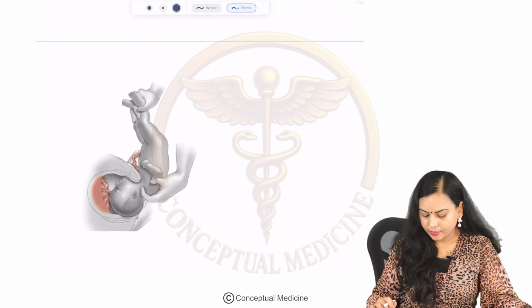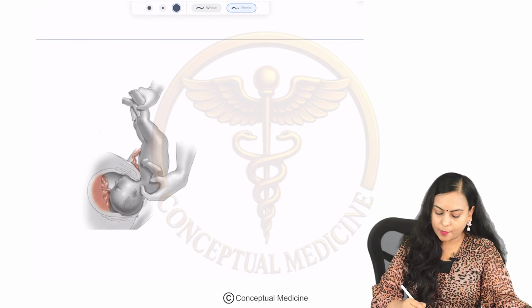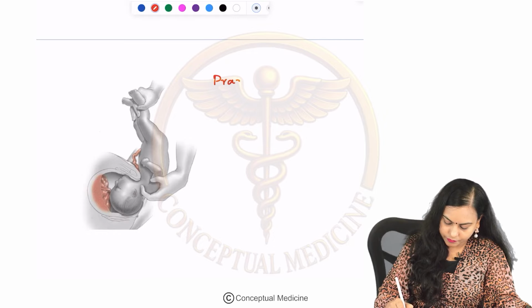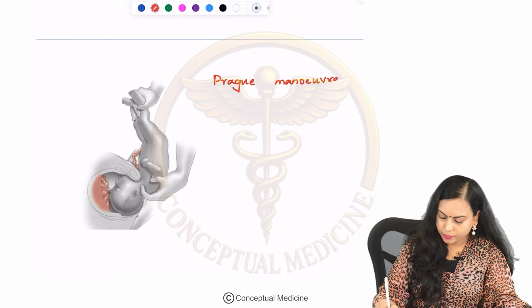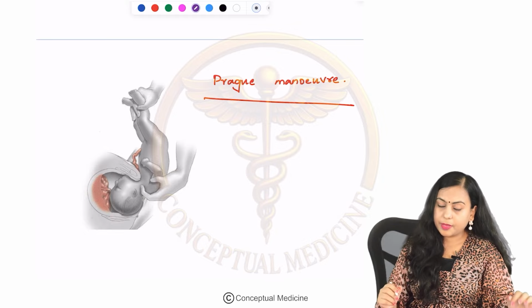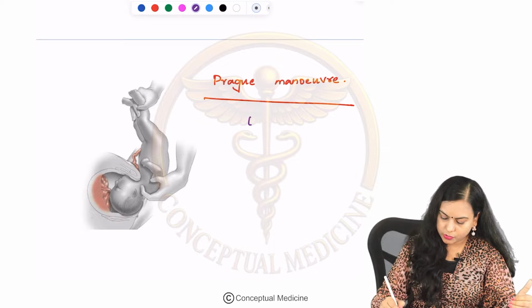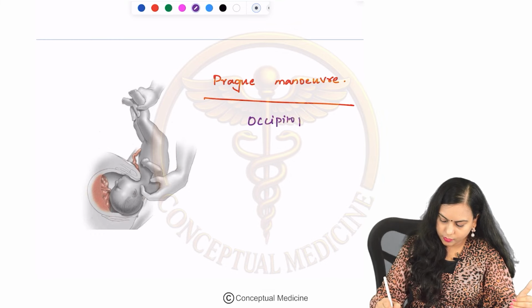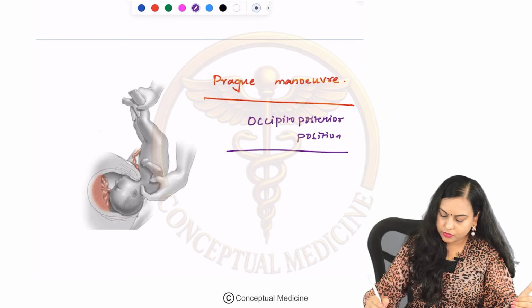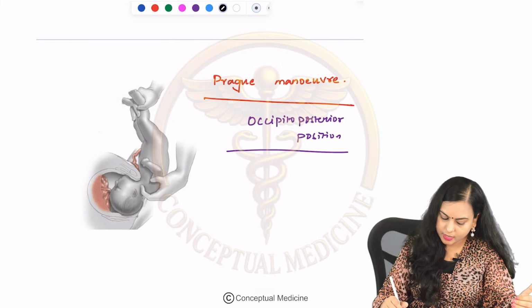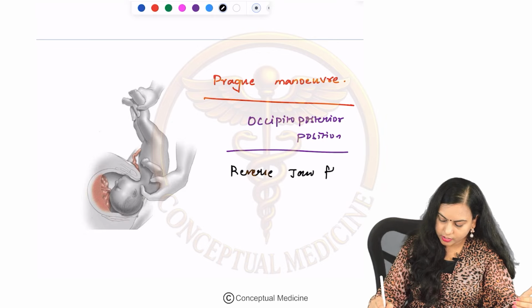Now let us see what this maneuver is. What is this? This is a frog maneuver, right? So here the baby is in occipito-posterior position, right? So the baby is in occipito-posterior position, and what you are doing is you are delivering the head by reverse jaw flexion and shoulder traction.